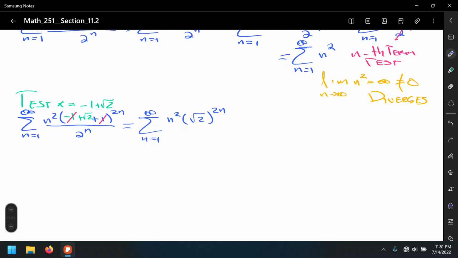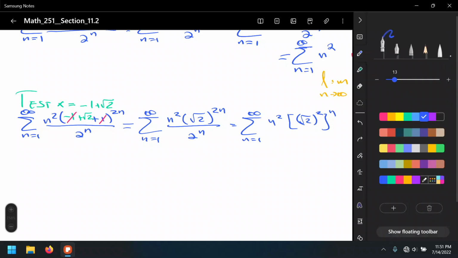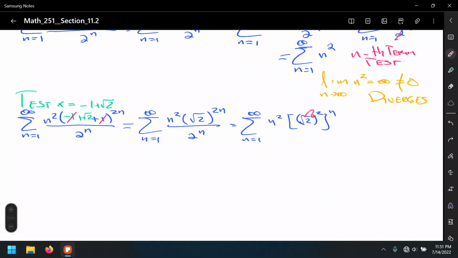All right, and in a very, very similar way, I'm going to rewrite this root of 2 as square root of 2 squared to the n, and see how the radical cancels the square.